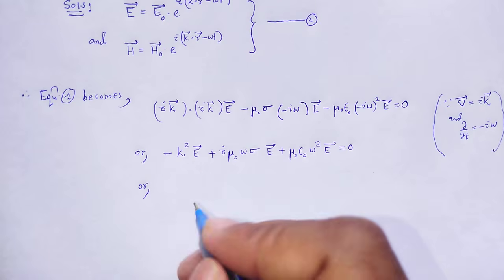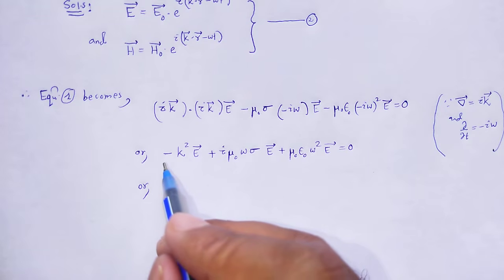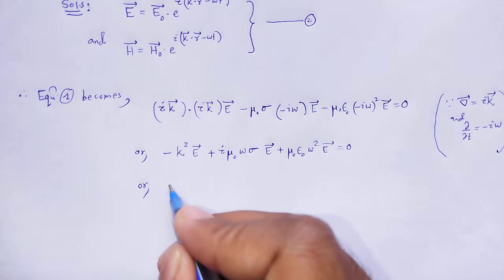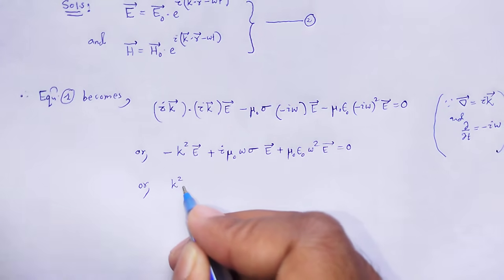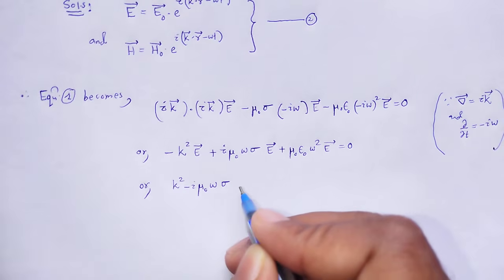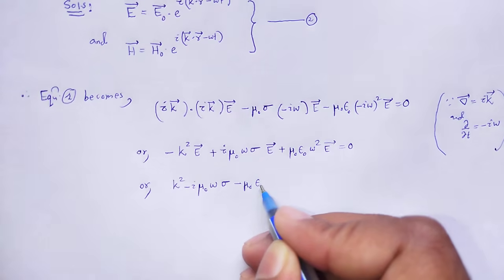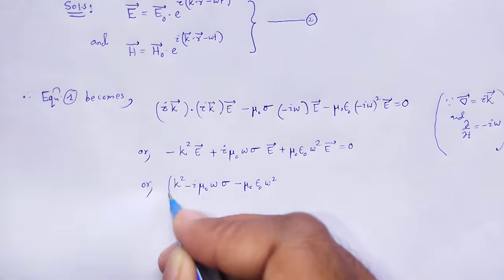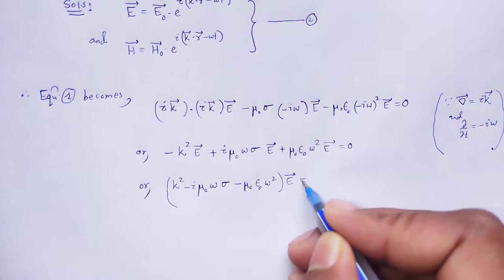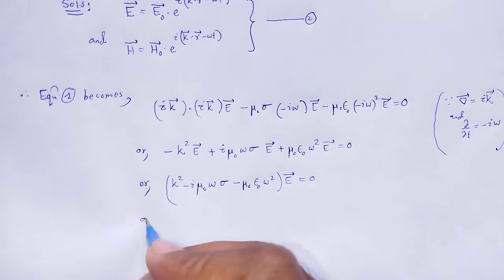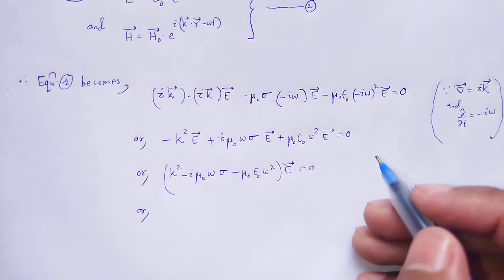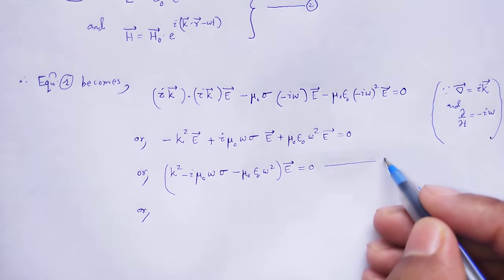Taking minus as common, or multiplying a negative sign on both sides, we have k square minus i mu naught omega sigma minus mu naught epsilon naught omega square, common E vector is equal to 0. Let me refer to it as equation number 3.